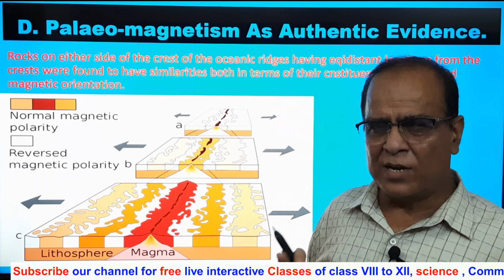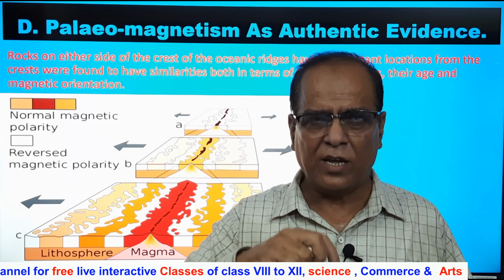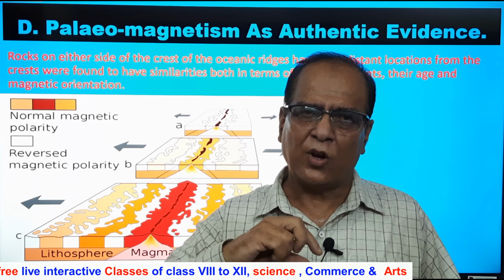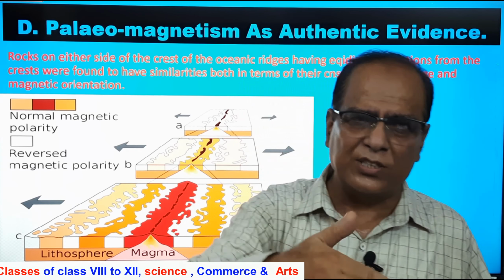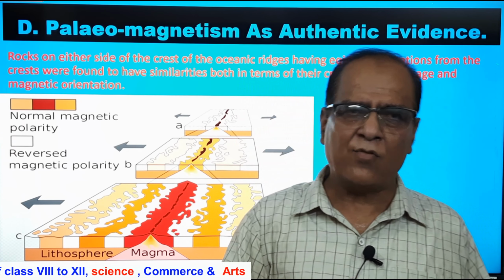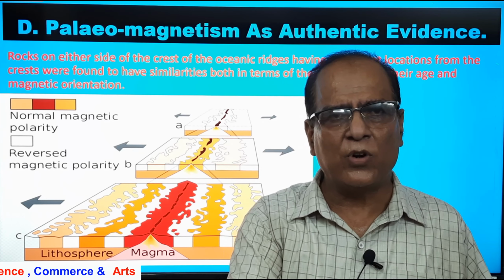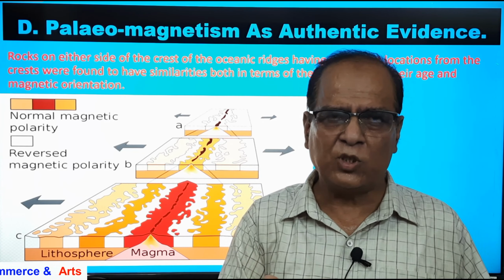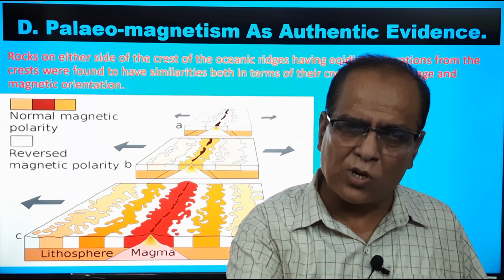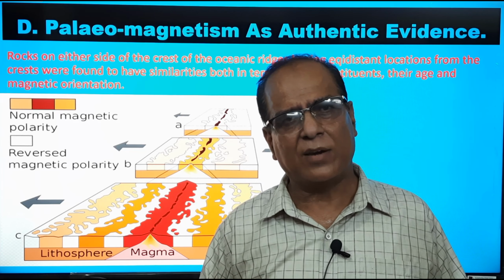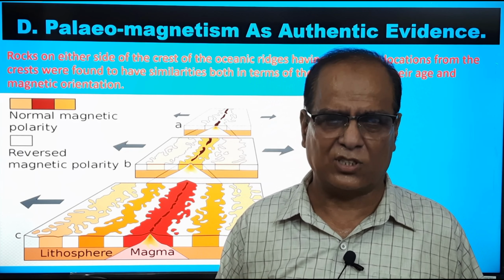So suppose at that point in time north is towards this side, then its material would be recording the magnetic alignment showing north this side, and after a million year span of time what would happen? Now this magnetic pole would get reversed. It would not be showing north towards this side, rather it would be showing south towards this side. So this is called magnetic reversal, magnetic polar reversal, polarities reversal.